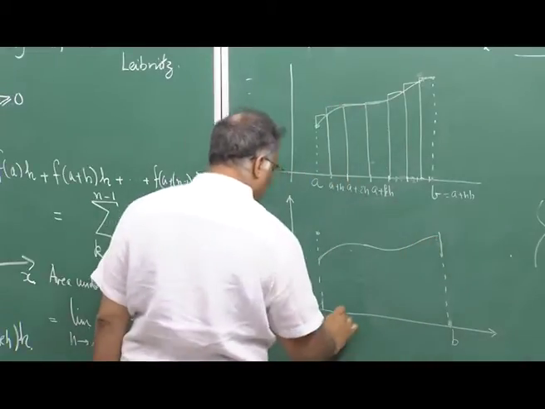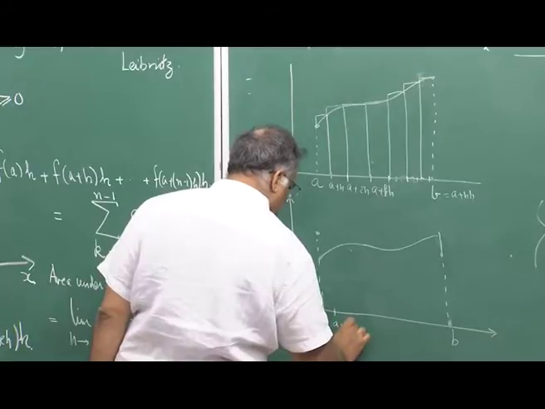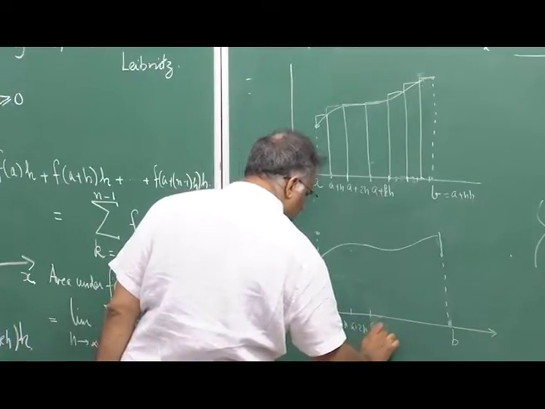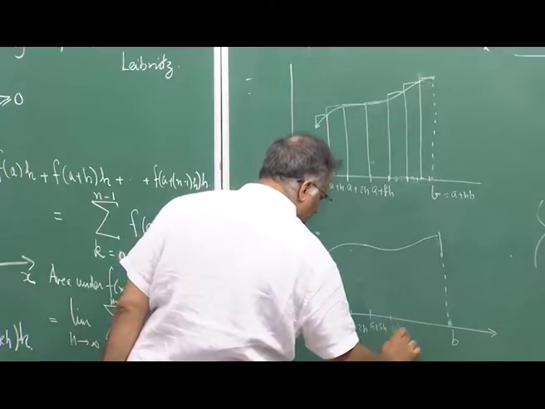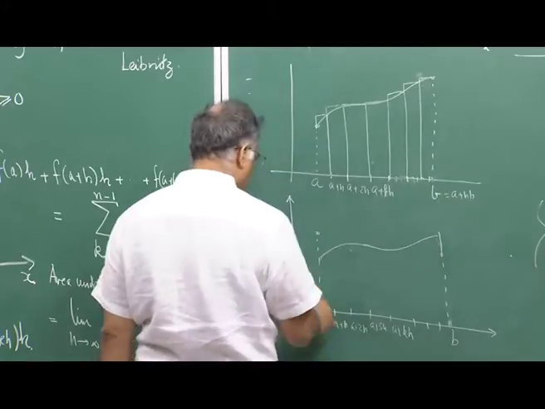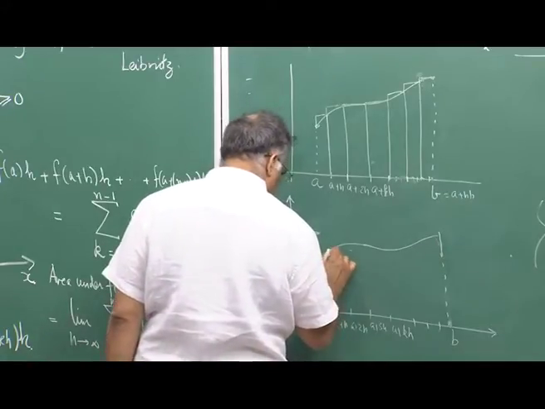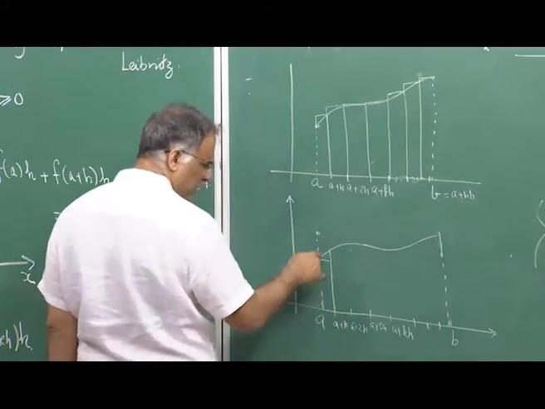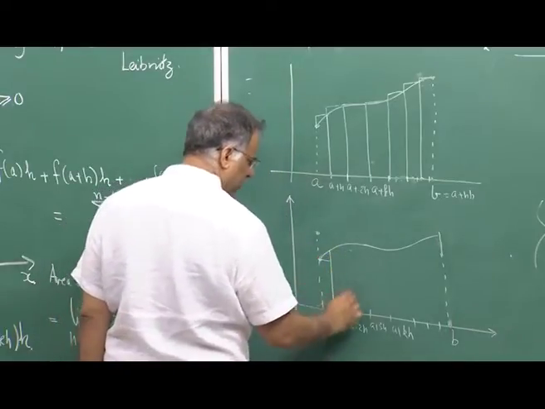Now we will do the same division, a plus h, a plus 2h, a plus 3h, a plus kh, and so on. So take the lower value. So you see this rectangular area now is underestimating, some area is already left inside.